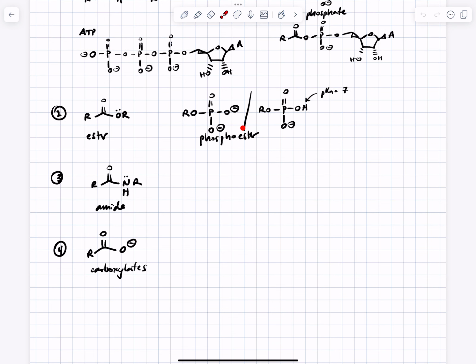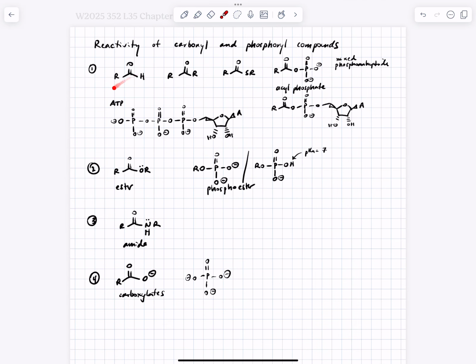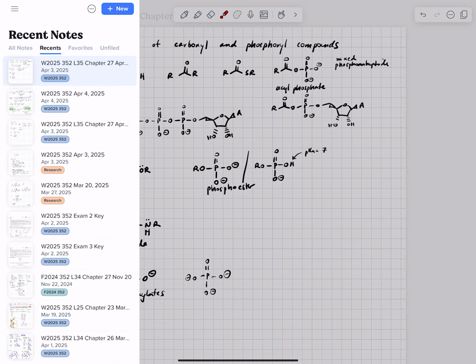Next, you have esters and phosphoesters, then amides, then carboxylates and phosphates. Okay, thank you. Yeah, so you'd predict, since these are pretty unreactive, they actually might be decent leaving groups. And the reasons these are reactive is because after a reaction, they give good leaving groups. Yeah, okay.